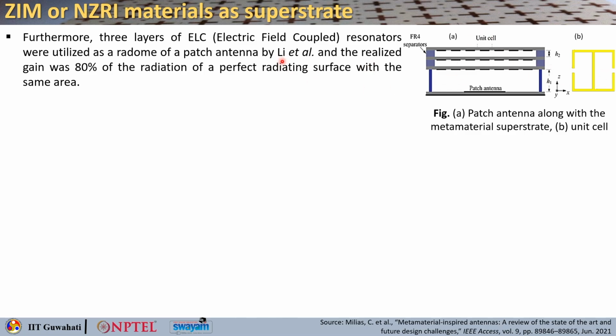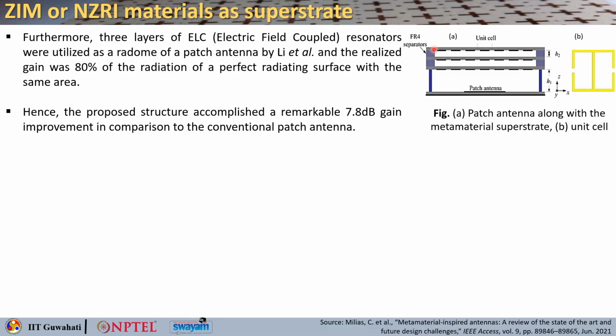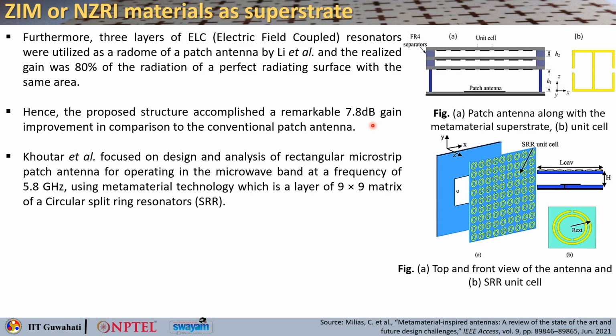This was done by Lee and his group, and they realized that the gain was 80% of the radiation of a perfect radiating surface with the same area. The 3 layers of resonators were separated by FR4, and this proposed structure accomplished a remarkable 7.8 dB gain enhancement compared to conventional patch antennas.